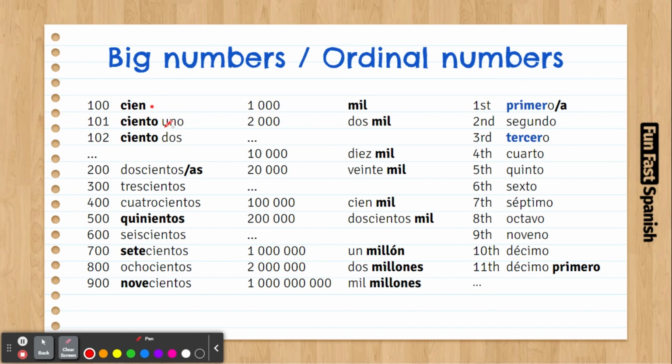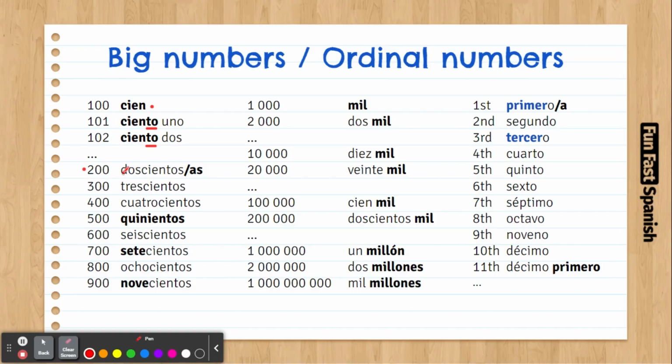101 is ciento uno. We are going to add this "to": 101, 102, 103, 104, until you reach 200. Then you say doscientos. All the hundreds, like doscientas, can also be feminine if it's just feminine things.